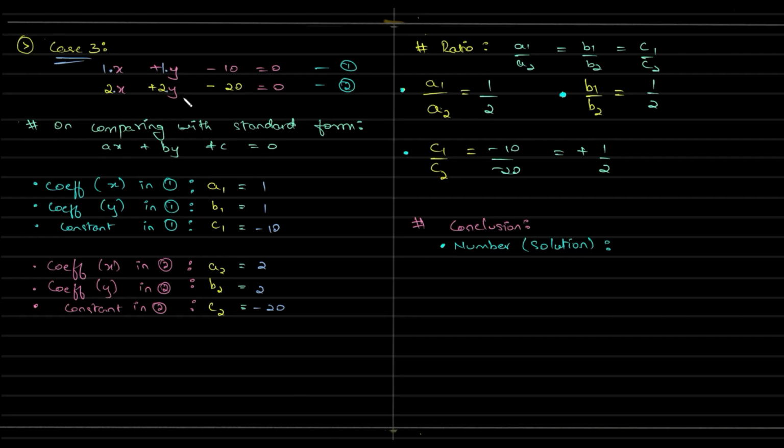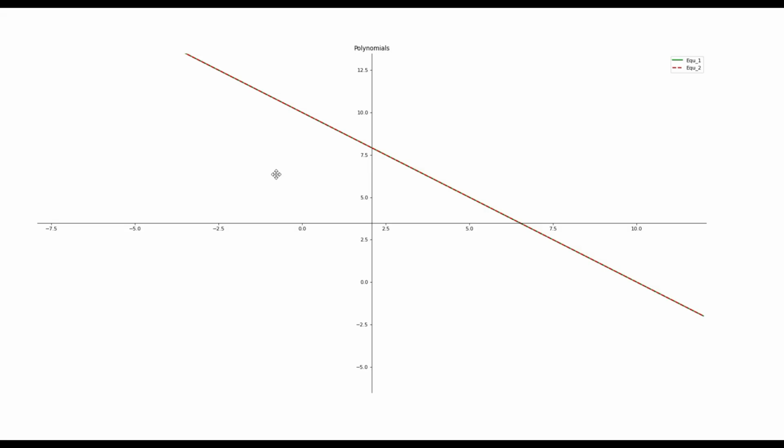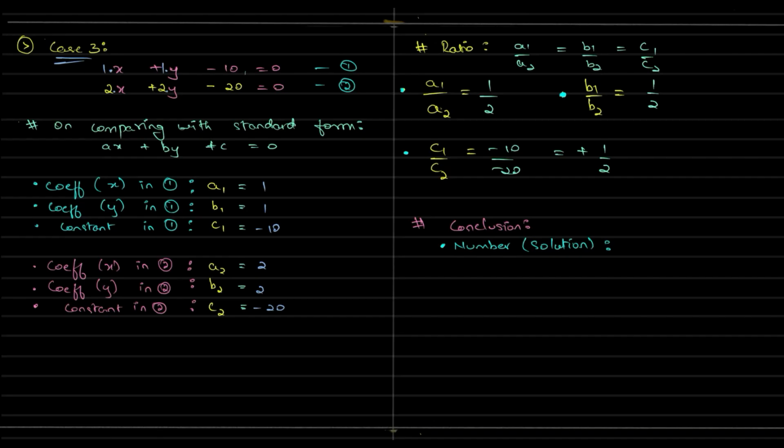See, one thing is the first equation never changed. In all three cases, the first equation remains the same. So the first line had to be somewhere here itself. But we are looking at a red and green combination, right? So what is happening over here? Well, the lines are overlapping.